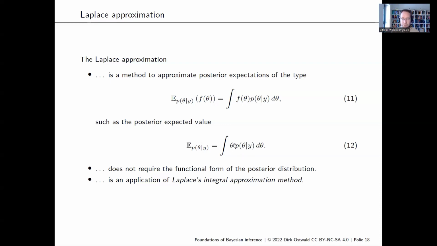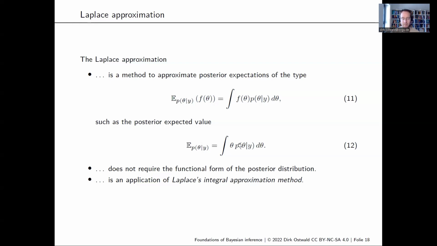If this function f of theta is just 1, so if we just want to integrate some function over theta, to find a normalization constant, I don't see any reason why the Laplace approximation shouldn't work also in this case.